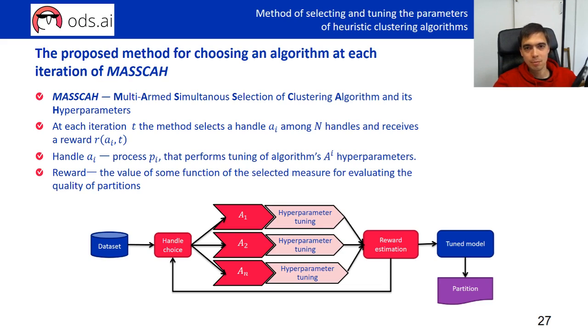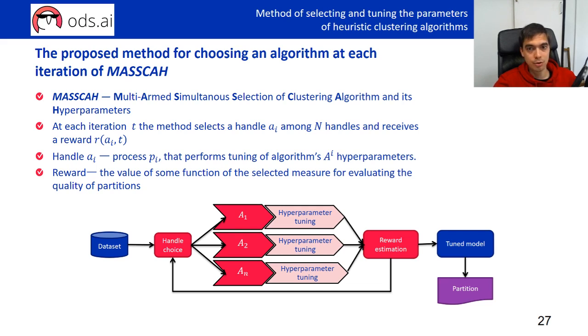So let's consider the proposed method for selecting and tuning that we call MASSCAH. It actually stands for multi-armed simultaneous selection of clustering algorithm with its hyperparameters. Such an awkward name. At each iteration, the agent selects one of the handles, which corresponds to starting the hyperparameter tuning process for the corresponding clustering algorithm.